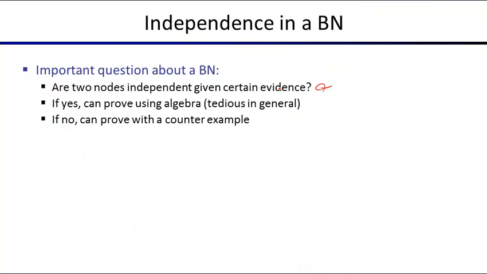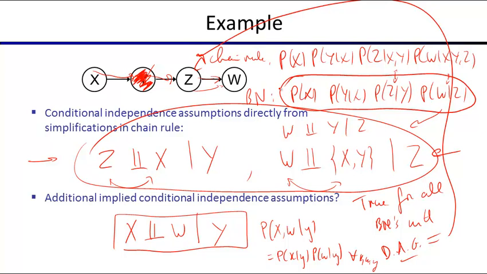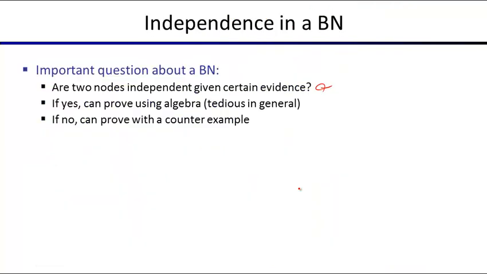If the conditional independence is not true, you have much less work. All you have to do is come up with a set of numbers for the conditional probability tables for which the conditional independence is not true. You just pick one set of entries for x, w, and y, and you show that this equality doesn't hold, and you're done. So that's much easier.